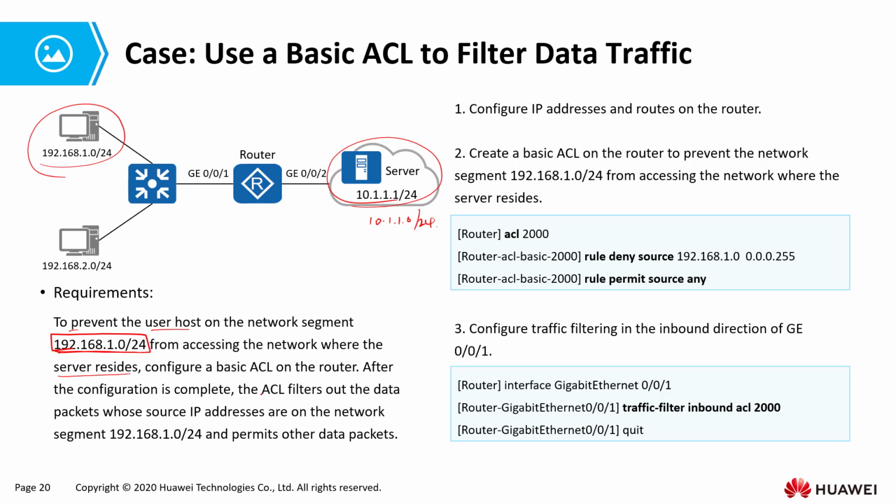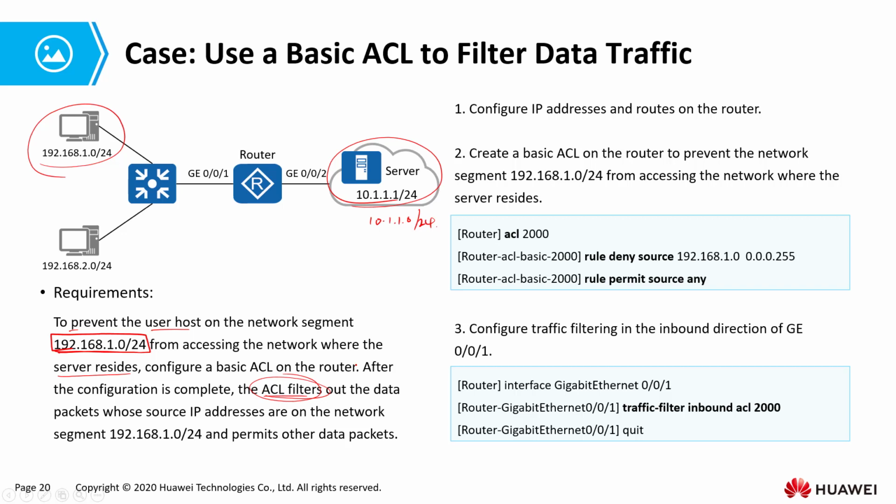After the configuration is complete, the ACL will filter out the data packets whose source IP addresses are on that network. Now, I hope we don't get confused here. We are using filter out because we are going to apply this ACL to a traffic filter. If we were applying this ACL to another tool, then we wouldn't say it's filtering out data.